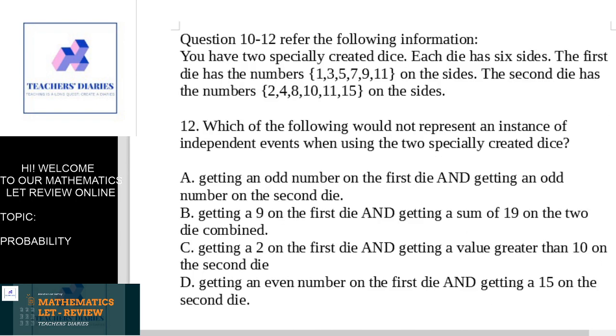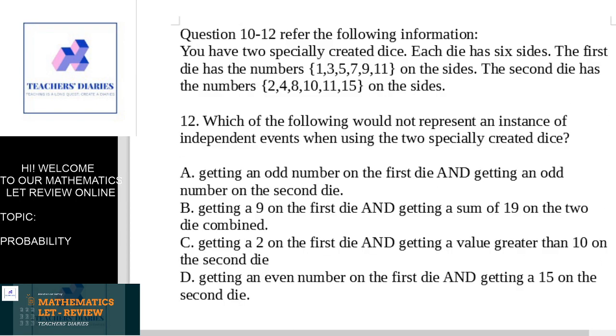Next. For questions 10 to 12, refer to the following information. You have 2 specially created dice. Each die has 6 sides. The first die has the numbers 1, 3, 5, 7, 9, 11 on the sides. The second die has the numbers 2, 4, 8, 10, 11, 15 on the sides. Here is the question. Which of the following would not represent an instance of independent events when using the 2 specially created dice?